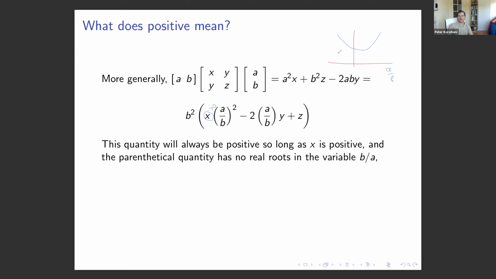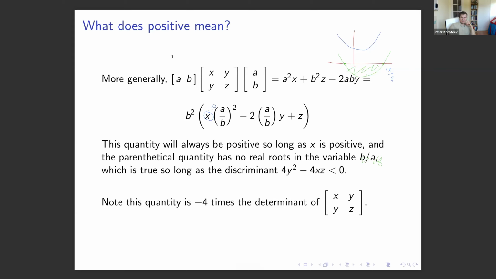As opposed to that, if it had real roots, it would do something like this, and there would be some margin where the map is not positive. That can be checked just by studying the discriminant of the quadratic polynomial, which is 4y squared minus 4xz, and that should be less than 0, so that the quadratic polynomial will not have any real roots.